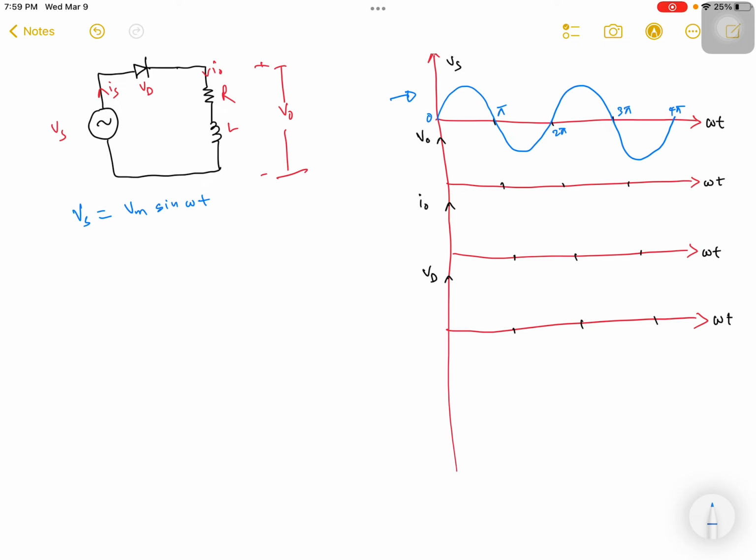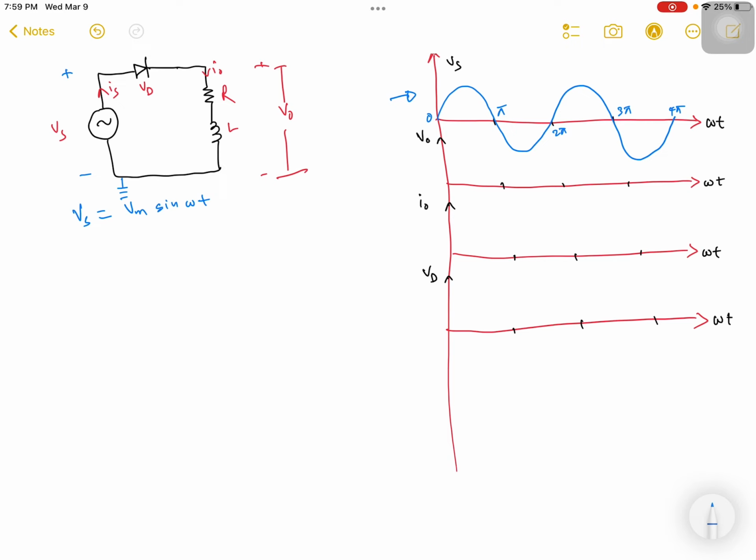Now from here it is easy to analyze using Kirchhoff's voltage law. Now we are talking about the first positive half cycle, which means this one will be positive, and with respect to ground here it will be negative, which means your diode will be acting as a short circuit during this time, because the anode side is connected with the positive terminal of the supply voltage, and the cathode is connected with the negative.